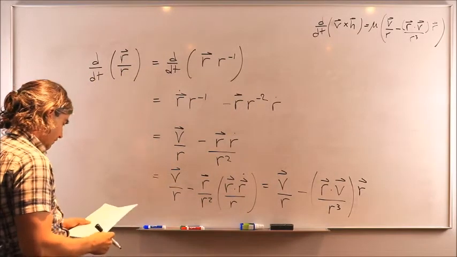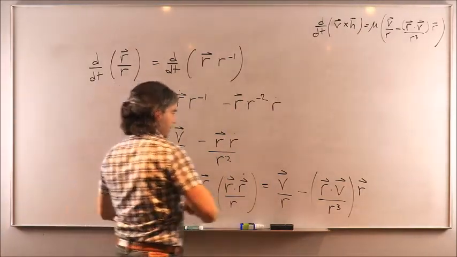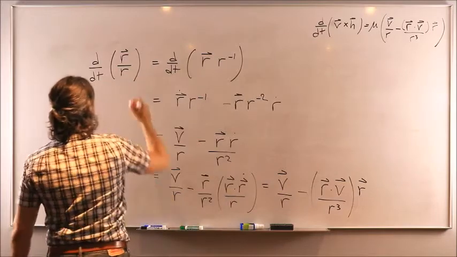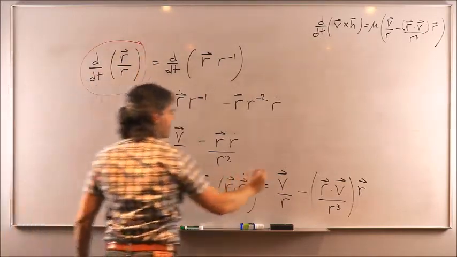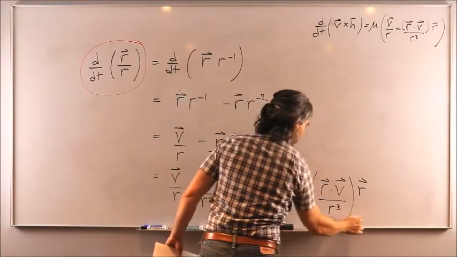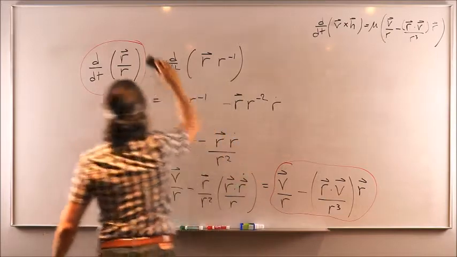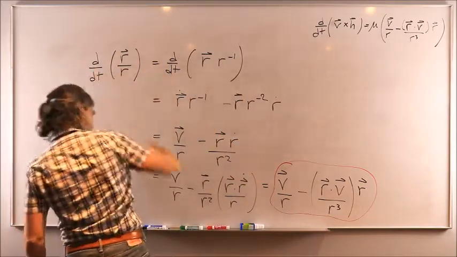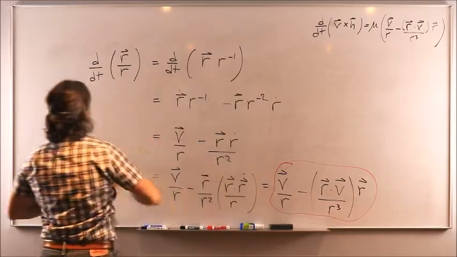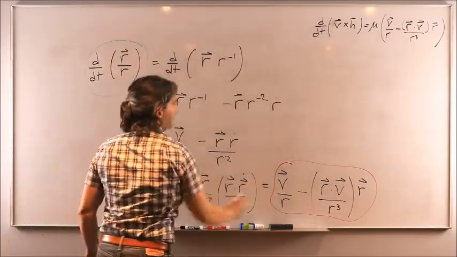Now, this is quite interesting because out of nowhere, we had just established that this is equal to that. Or let me use a different color. You'll understand why in a second. And this side was equal to that.